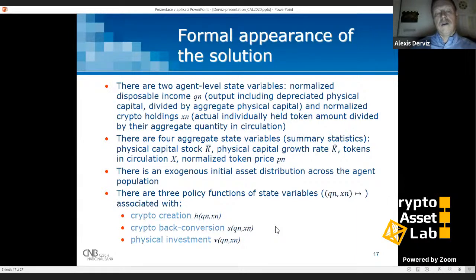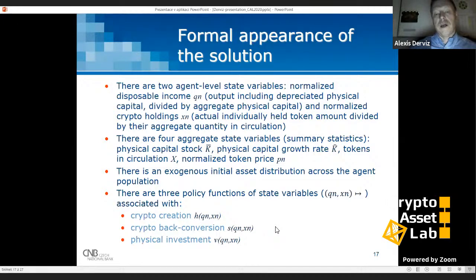And there are three decision rules, three policy functions, all normalized, those small letters H, S, and V are all the result of normalization. The first policy function is responsible for crypto creation. It's when individuals go and buy something in the market.